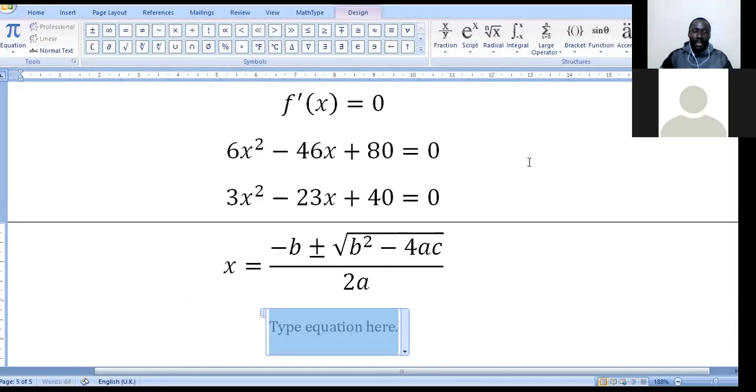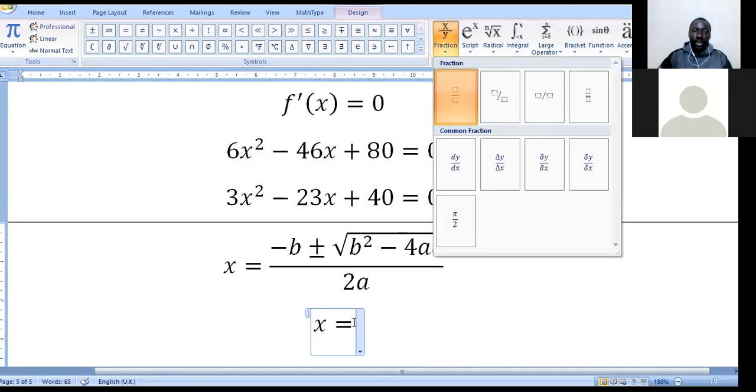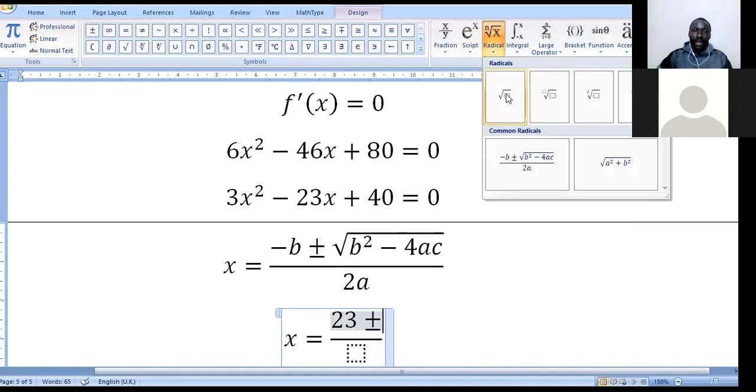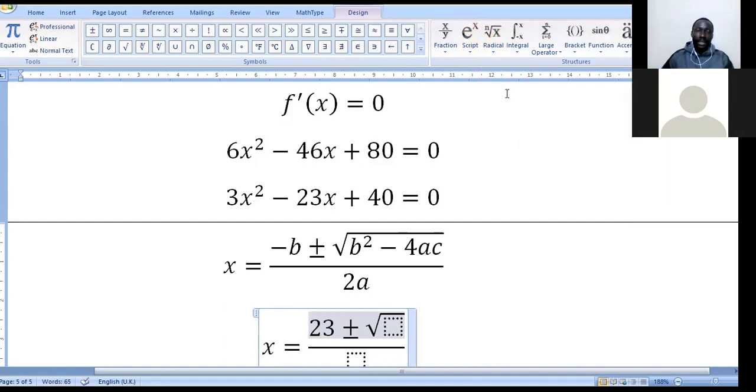So we say x is going to be equal to minus b, which in this case is minus 23. So we just write this. So this is going to be 23 plus or minus the square root of 23 squared.